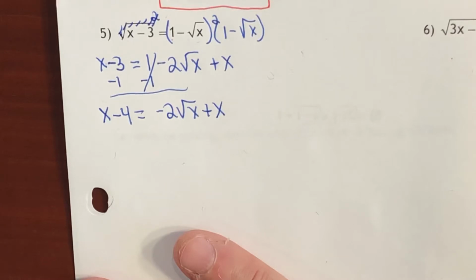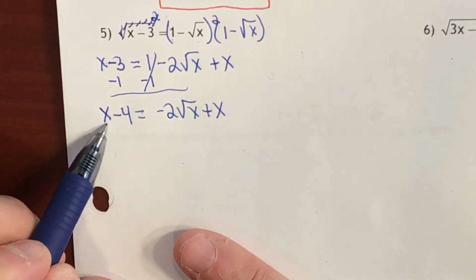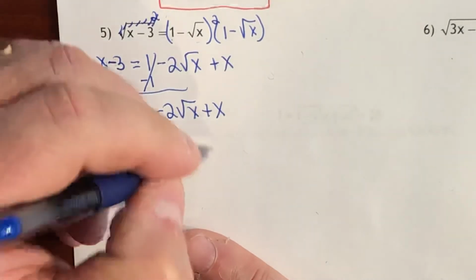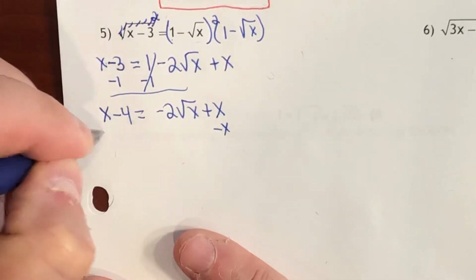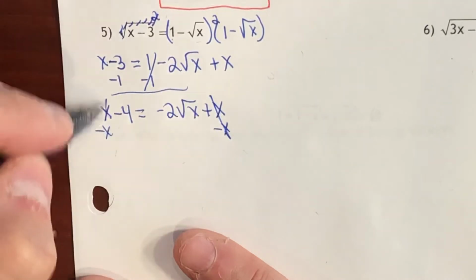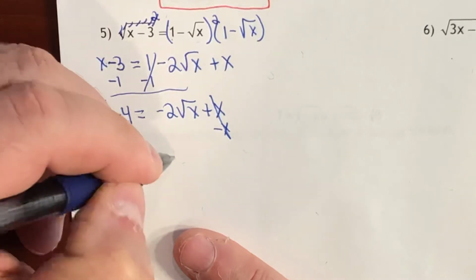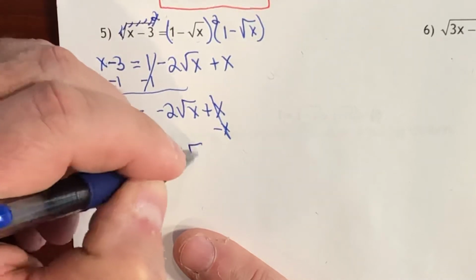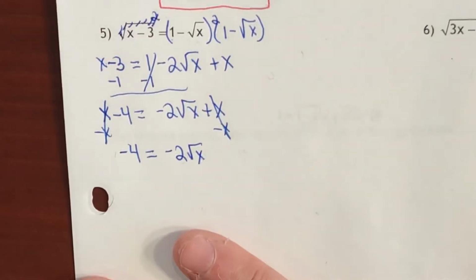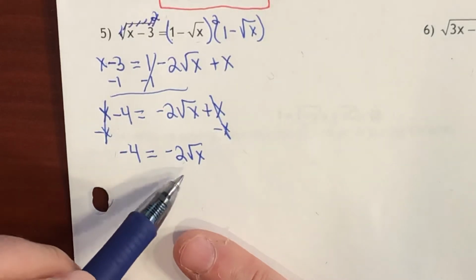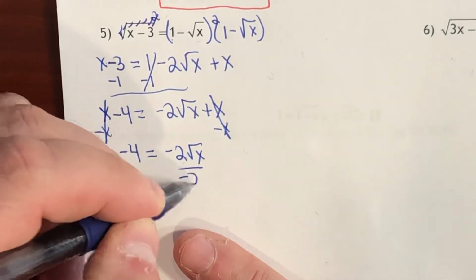And then at this point, I notice that I have a positive x and a positive x. If I subtract this x to move it over to this side, it cancels out there, cancels out there. So now I'm down to negative 4 equals a negative 2 square root of x. So divide now by negative 2.